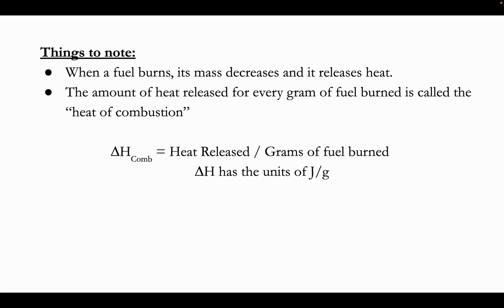Basically, a chemical reaction is going on. The fuel is probably disappearing as a gas, and heat's coming out because of that process. So we call that thing a heat of combustion. And if you really want a formula for it, it's the amount of heat that gets released divided by the grams of fuel that are burned. And it has units of joules for heat and grams for mass.